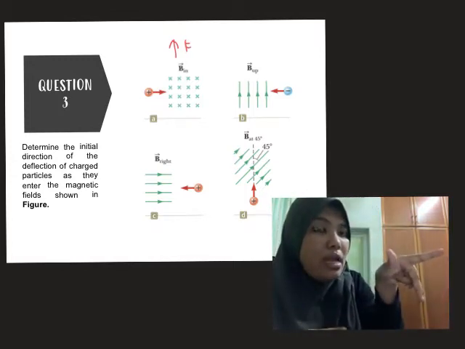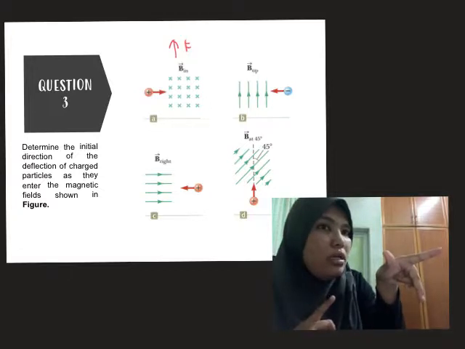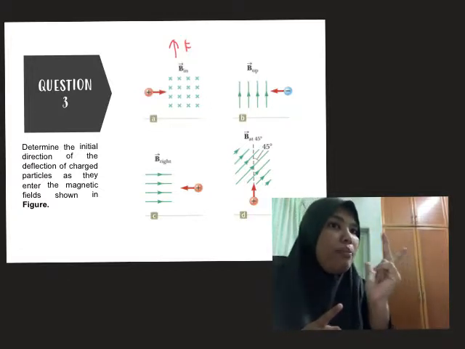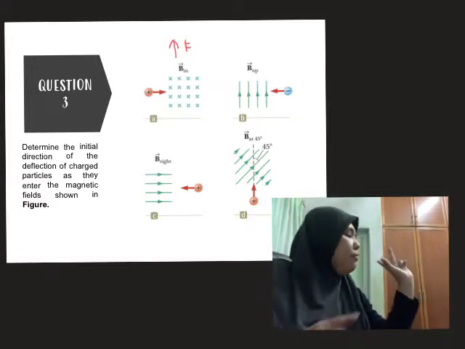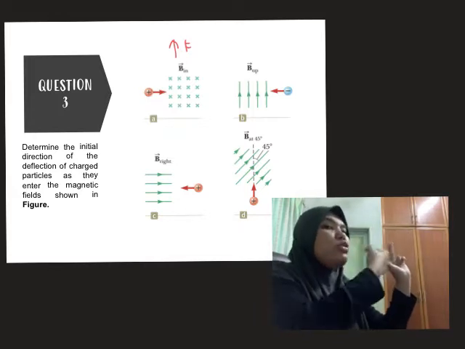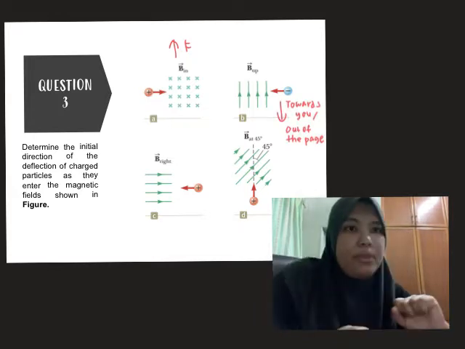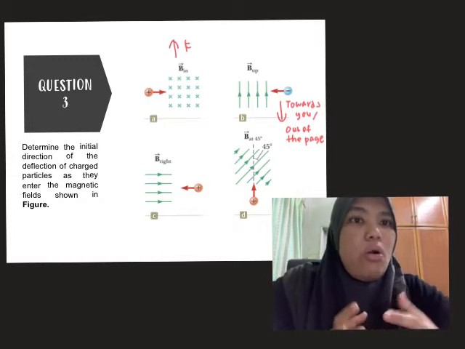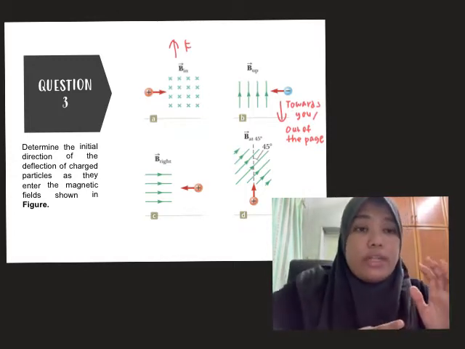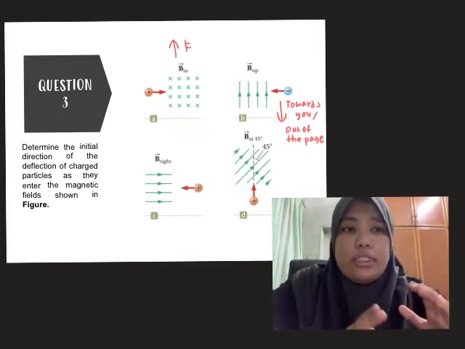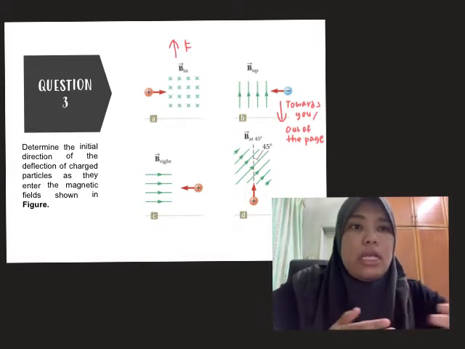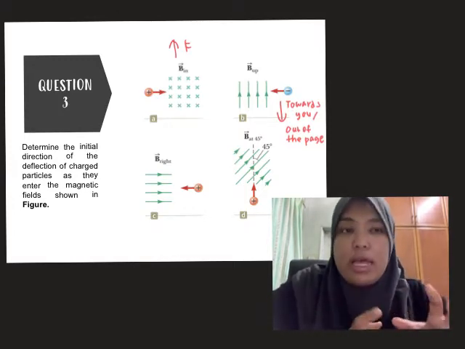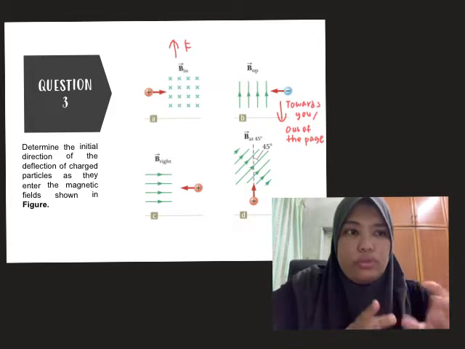The magnetic field is pointing upward, therefore the magnetic force is towards you. For question C, the direction of the magnetic field and the direction of the velocity are parallel to each other, therefore it's going to be 0 Newton.